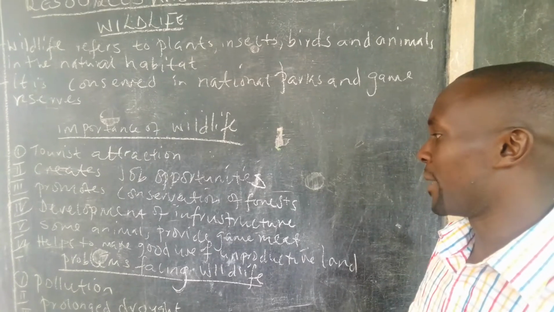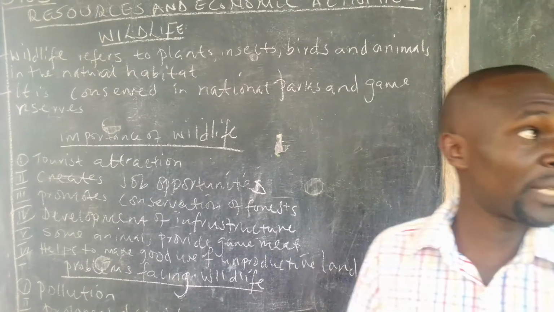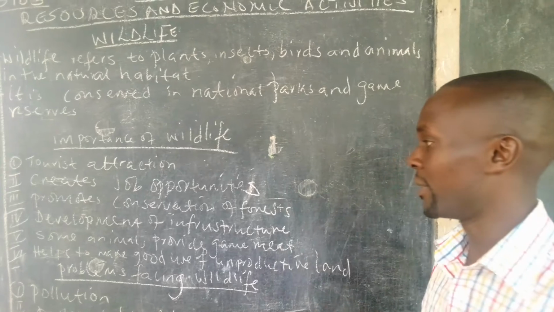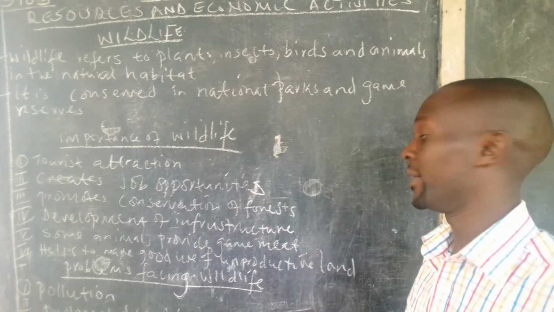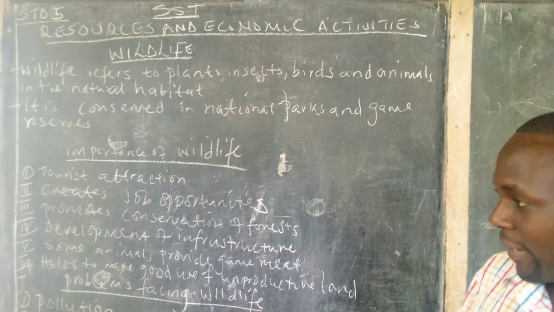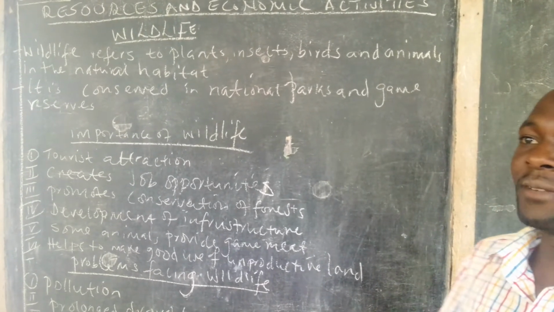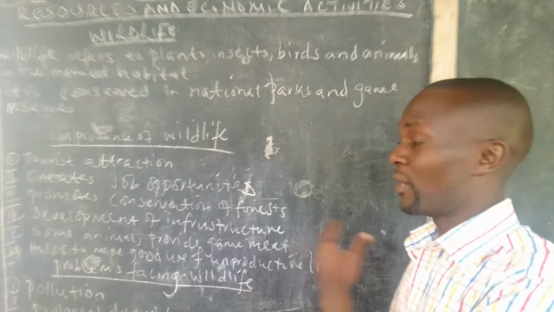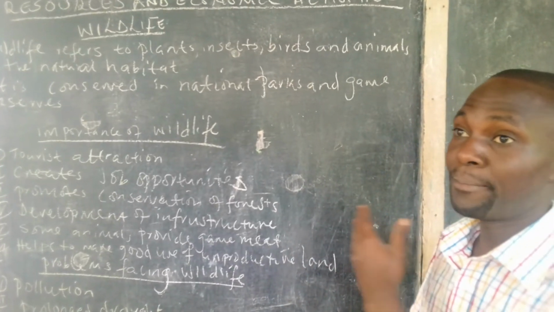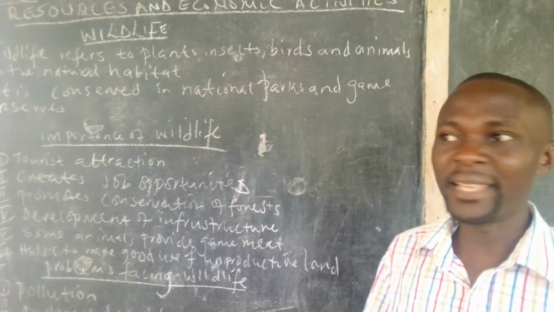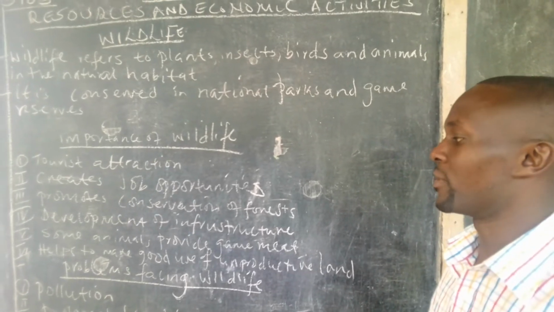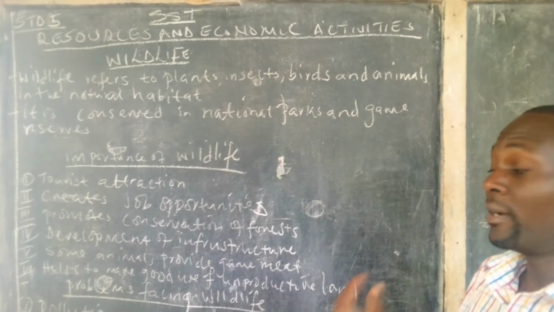Also, some animals provide game meat, so some animals are consumed. It also helps to make good use of unproductive land, since most of the areas where you get these game parks and game reserves are unproductive.